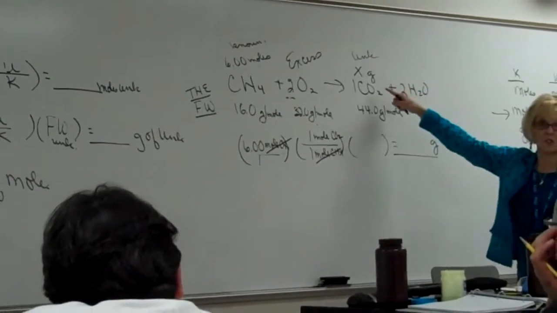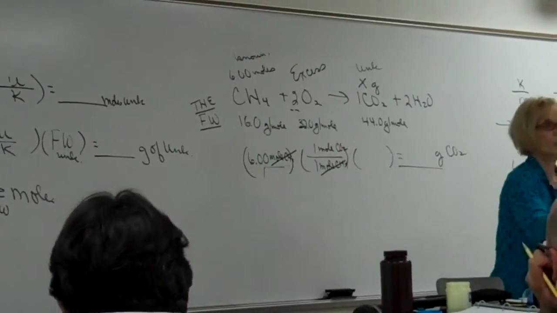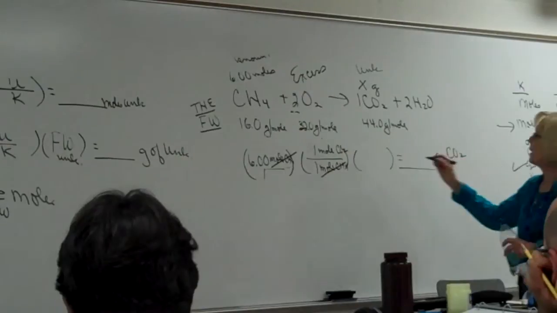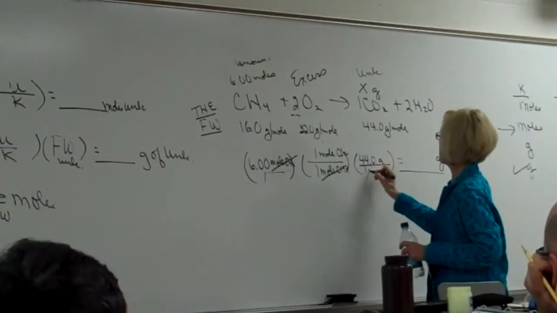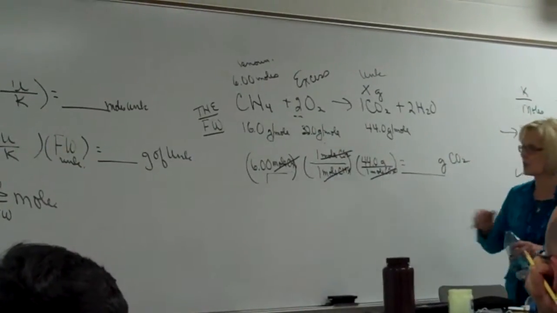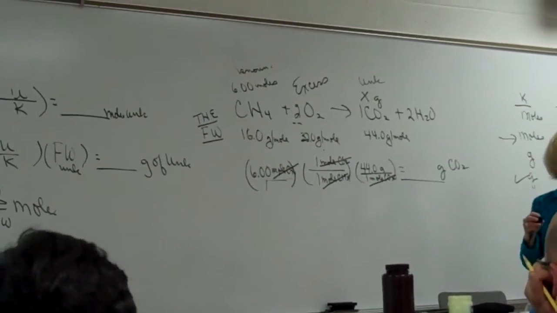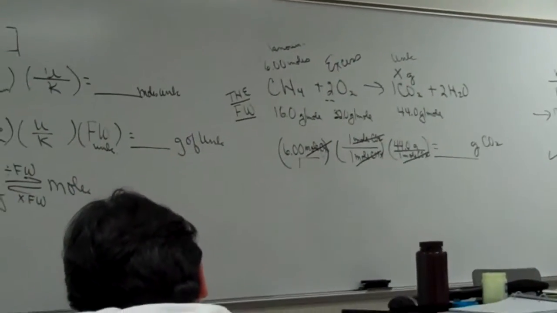But they didn't. They want grams of it. So Bruce, tell me what else to do here. Precisely, 44.0 grams over 1 mole of CO2, then moles of CO2 cancel. And we see the units that we want in our answer.